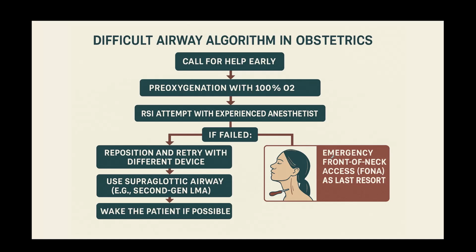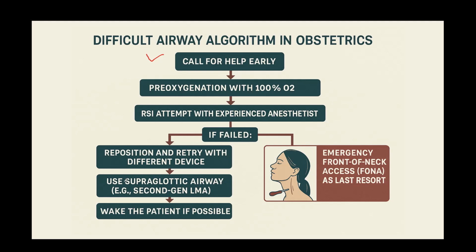So, the difficult airway algorithm, briefly. We can say: call for help, pre-oxygenate with 100% oxygen. Try rapid sequence intubation, attempted by an experienced anesthetist. If failed, reposition or retry with a different device.